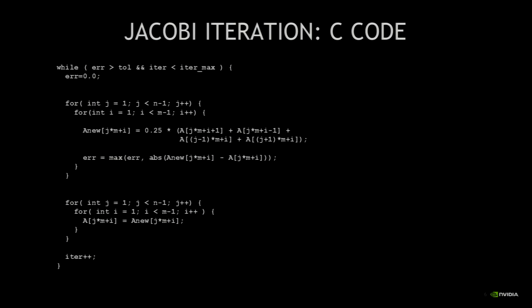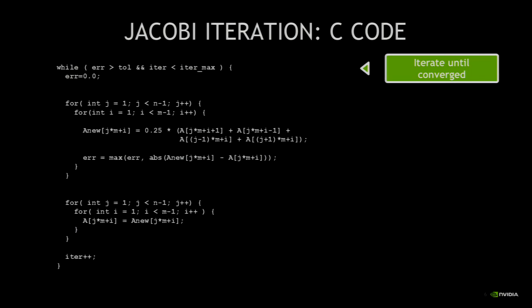This is a simple while loop. First, we go over the while loop, which is just the iteration loop. We do a bunch of iterations one by one. Then in each iteration, we go over all the cells and compute the average in this first double-nested loop.